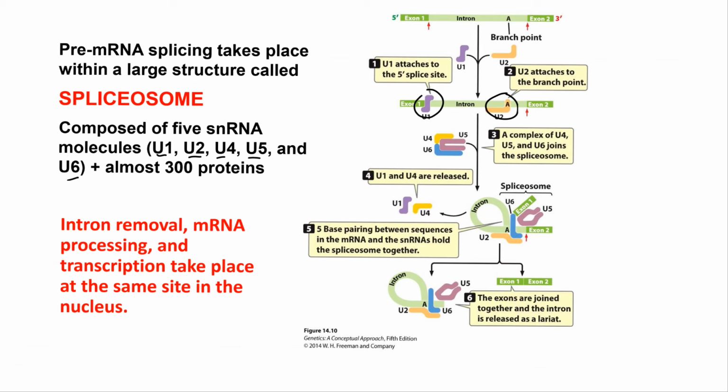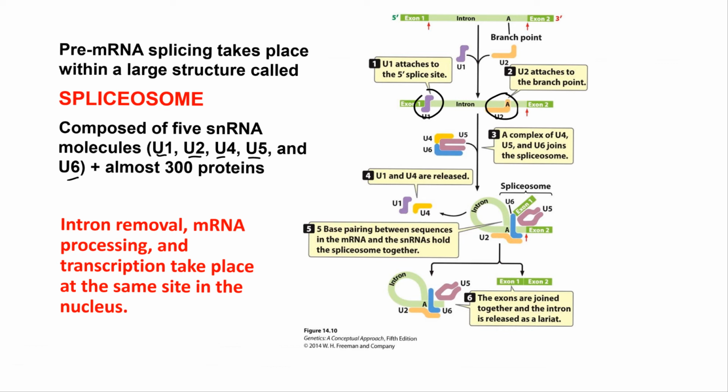This triggers further formation of the complexes of U4, U5, and U6 together with some conformational changes, releasing some of these small nuclear RNAs, formation of the large spliceosome complex, and cleavage of the pre-mRNA at the 5' and 3' splice sites.